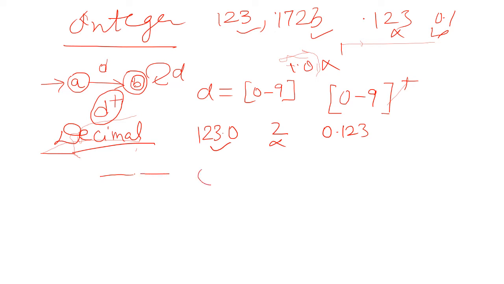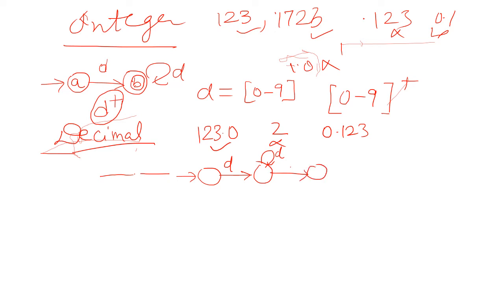What does it mean? What is the pattern? There should be a digit before the point, and there must be a repetition of digits, and there should be a point. This is the point, right?